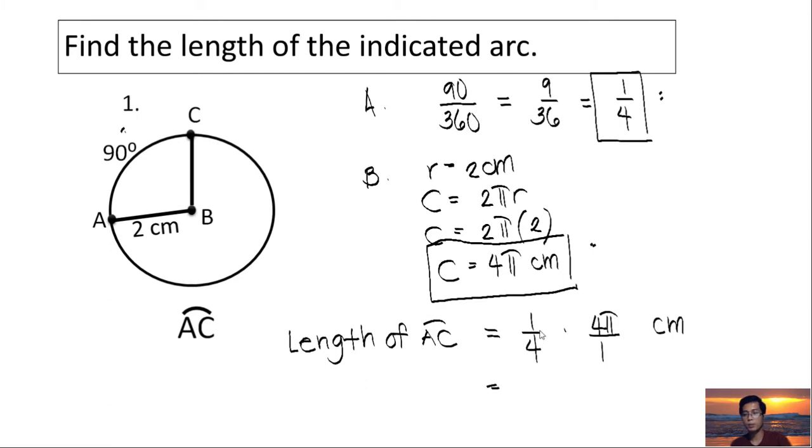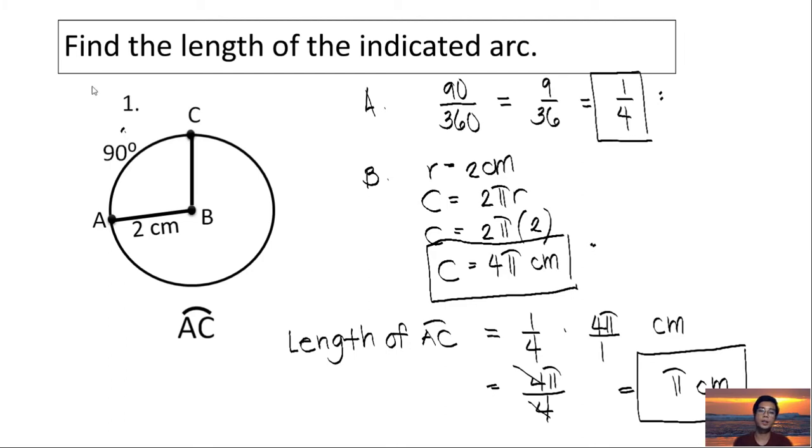So, times mo lang, taas times taas, baba times baba. 1 times 4 pi is 4 pi. 4 times 1 is 4. Note, ito po pwede pang makancel. So, the answer is pi centimeters. Pi centimeters are approximately equal to 3.14 centimeters.